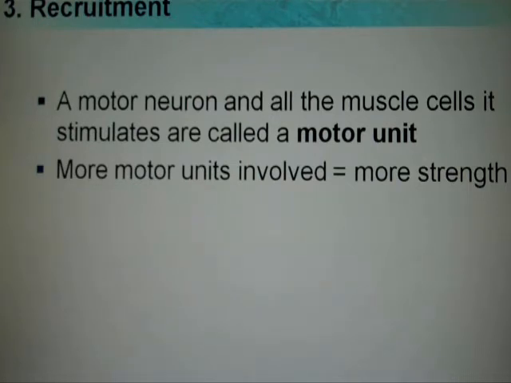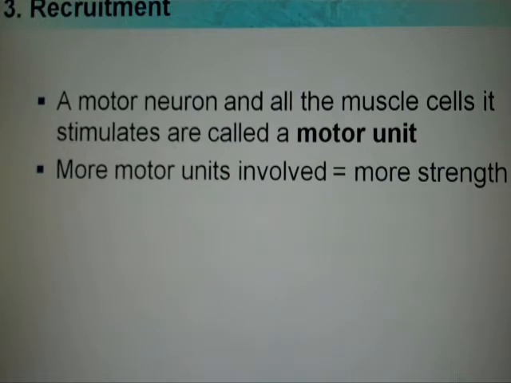So small, fine movements, when you're just lifting up something small, small motor units. When you lift up something heavy, large motor units. It is kind of important to notice that no matter what kind of motor unit is being used, your whole muscle contracts.